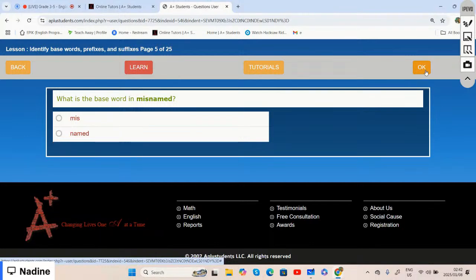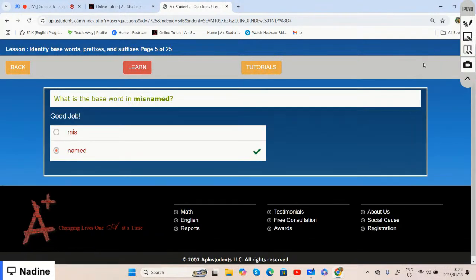If we were to select the base word, then we can say it is option two, named, or name. Well done.